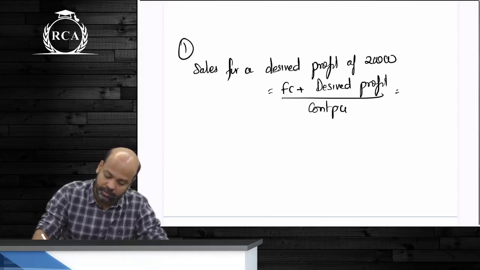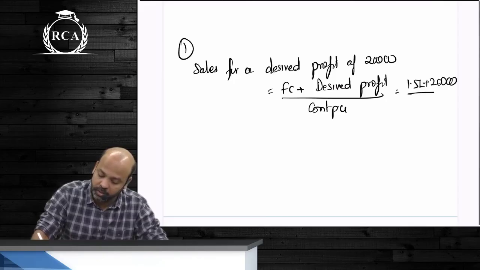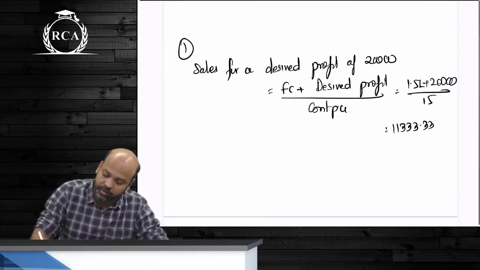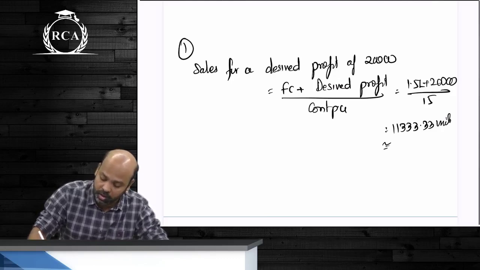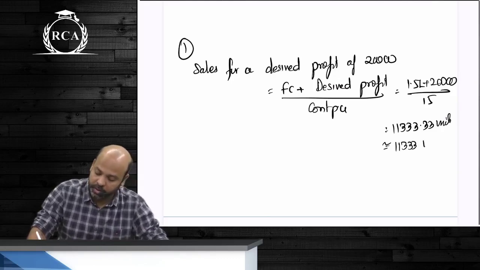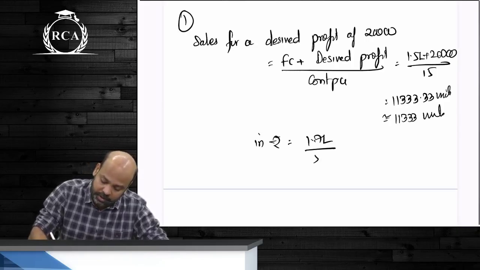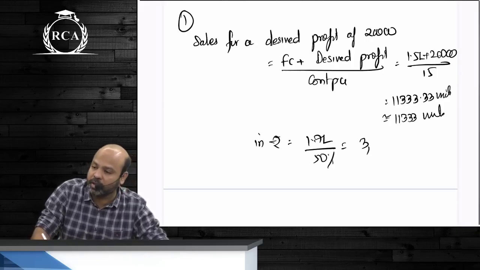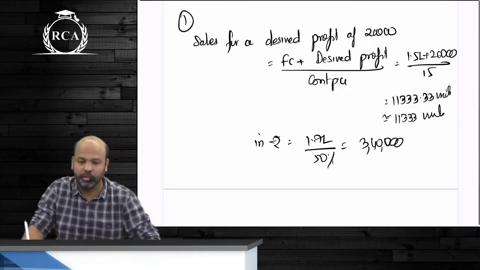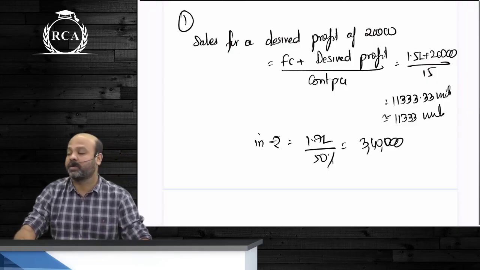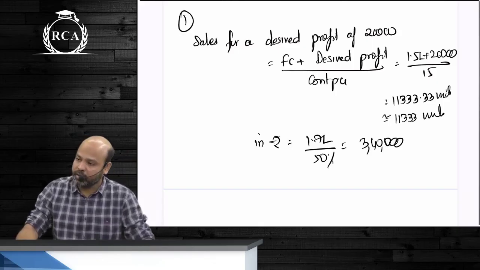So 1,50,000 guys plus 20,000 divided by 15 rupees, 11,333.33 units. Approximately 11,333 units. Are we clear about this? In rupees, if you want, you can multiply that by the selling price, or you can also write 1,70,000 divided by 50%. That will be 3,40,000. If you're multiplying number of units by selling price, you might get a difference of 10 rupees. It will be 3,39,990.